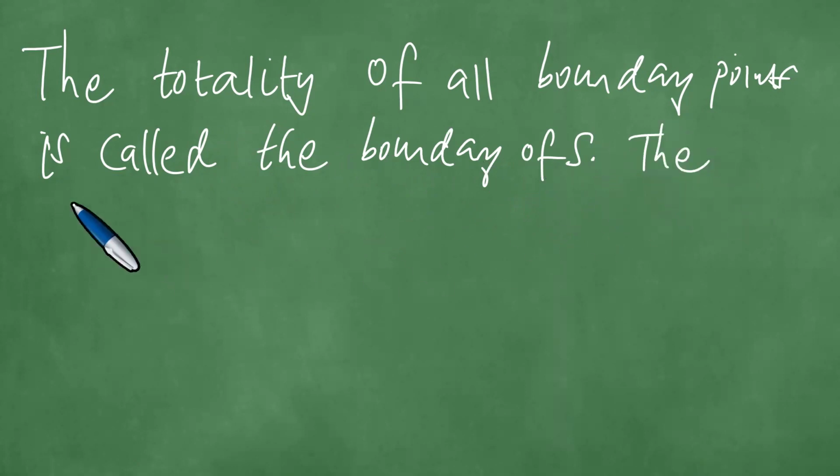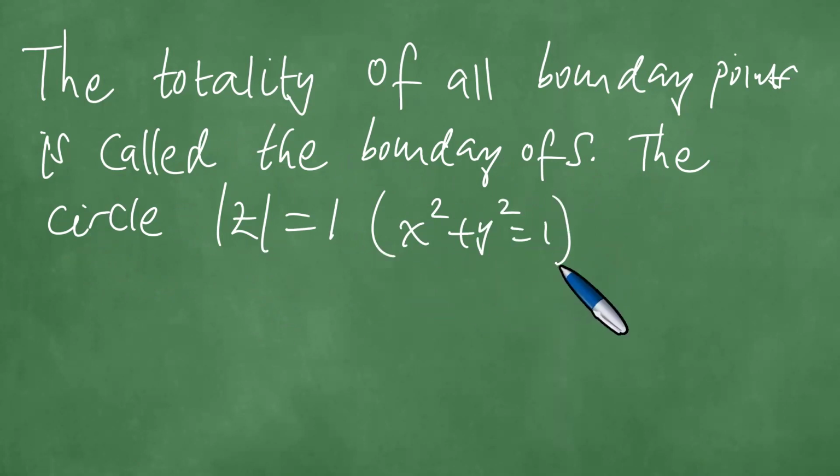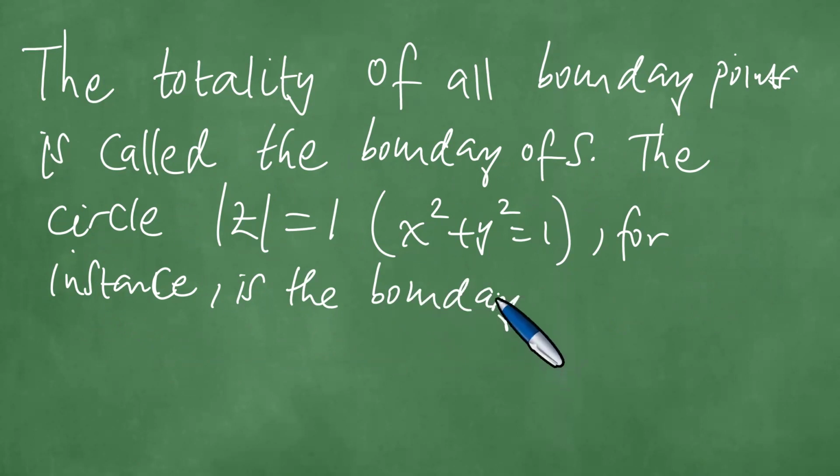We continue to say the circle, this one. Well, this is the same as x squared plus y squared equals 1. Circle centered at the origin of unit radius, for instance, is the boundary of each of the sets.